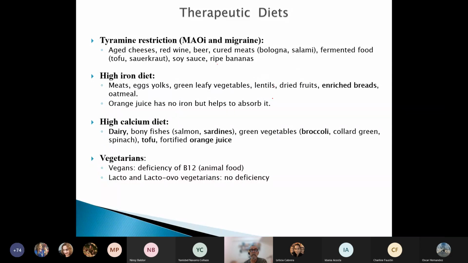In lentils, and in general the beans, okay, the legumes, and dry fruits are very rich in iron. So probably nobody thinks that raisins and prunes could be rich in iron, and they are. So keep that in mind, because it's frequently tested. And this is something that I see a lot in English questions to educate ourselves.